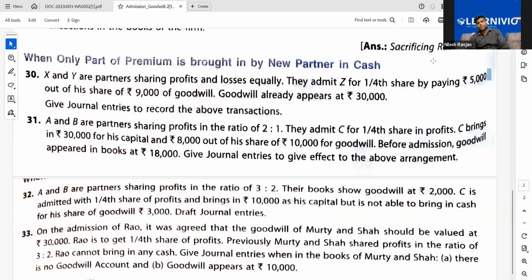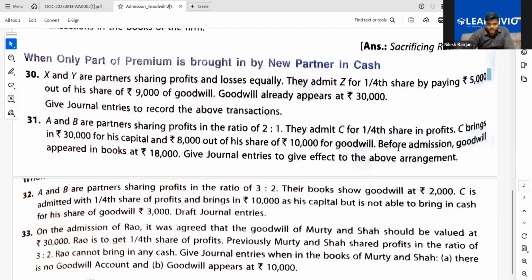Done? Still not complete? Sir, done. Tell me. First is A's capital account debit, 1,200, B's capital account 800, to goodwill account 2,000, for writing off existing goodwill.